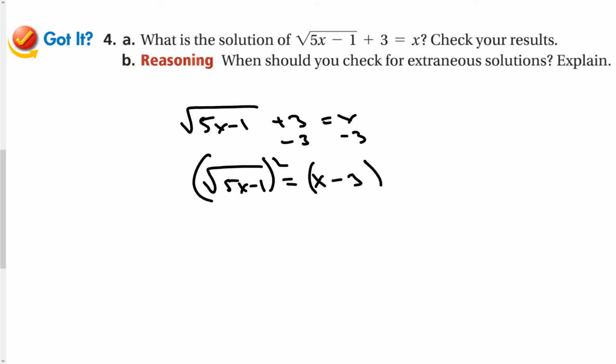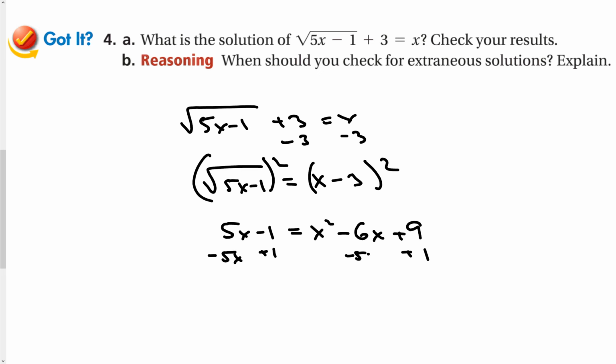Squaring both sides gives me 5x minus 1 is equal to, don't forget the middle term, x squared minus 6x plus 9. Okay, add 1 minus 5x. Why do I do this? Because I want to set it equal to 0, so that way I can factor and use the zero product property. That's minus 11x plus 10.